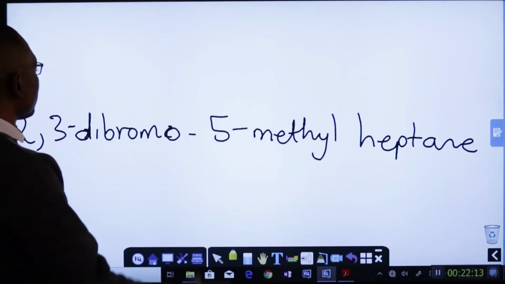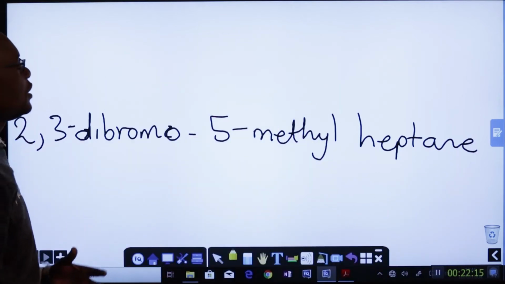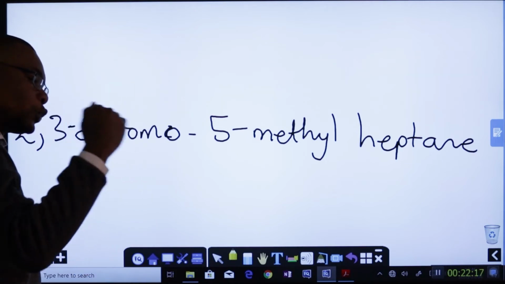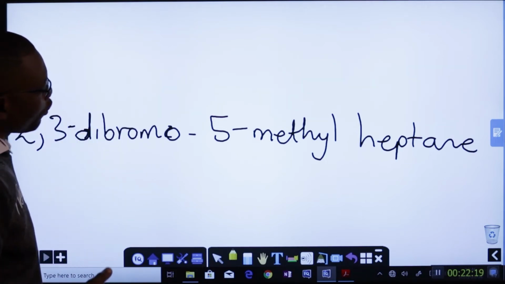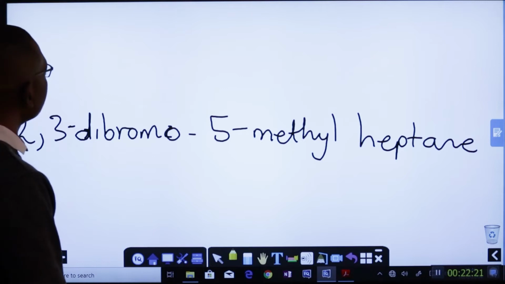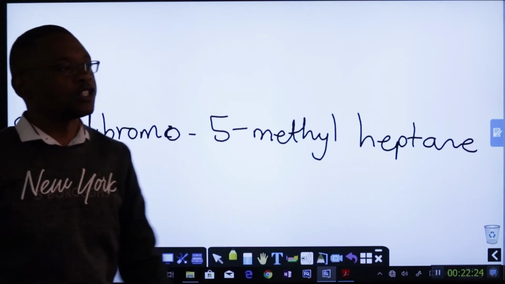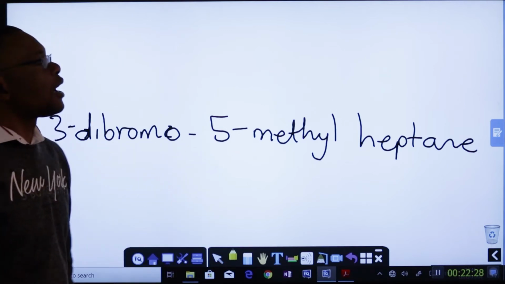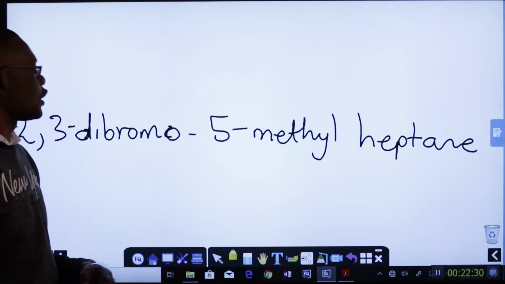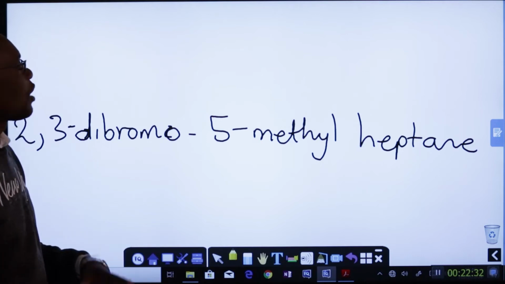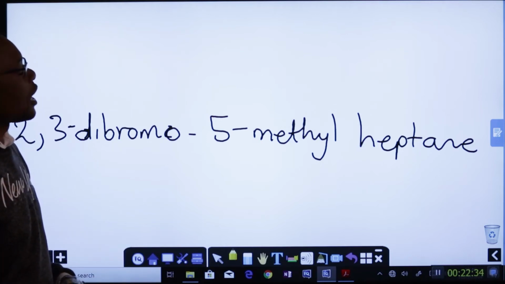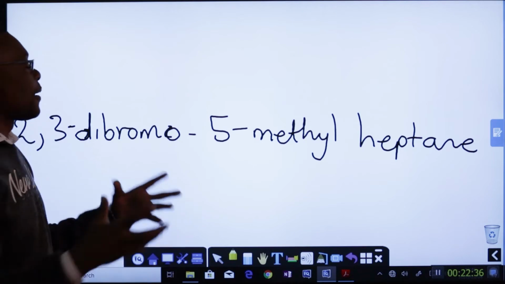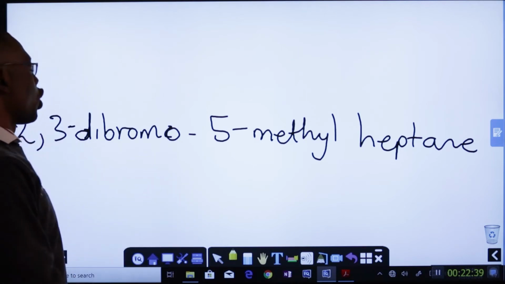Okay, so because the IUPAC gives us some rules on how to name compounds, the first one being identify the longest chain, and then identify the functional groups, and then identify the order of arrangement, and then from there you identify which ones come first according to the alphabetical order.